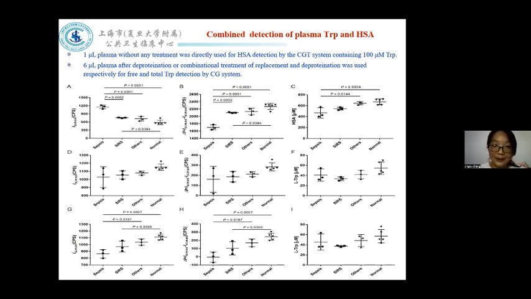And the measures were compared with traditional clinical detection methods. They have similar results, implying the successful establishment of our methods.